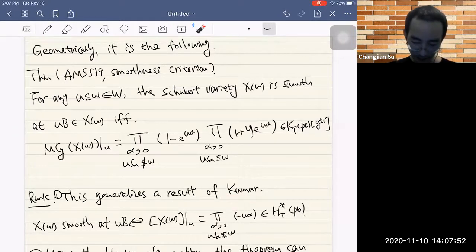And why is this useful then? Kummer's result is even simpler, right?